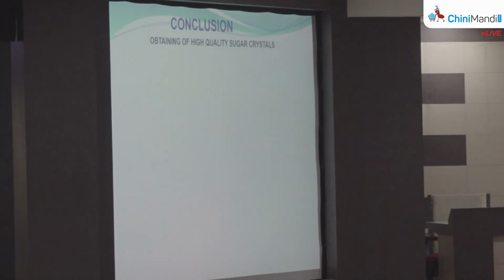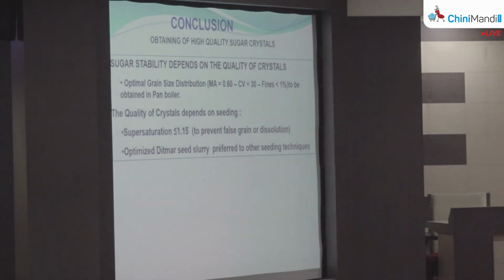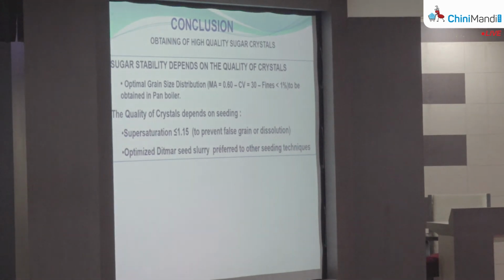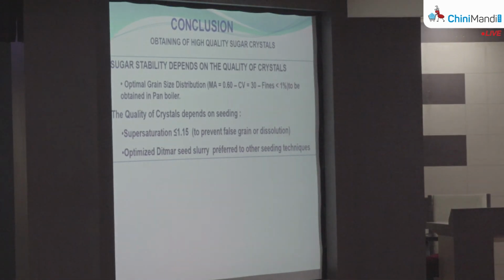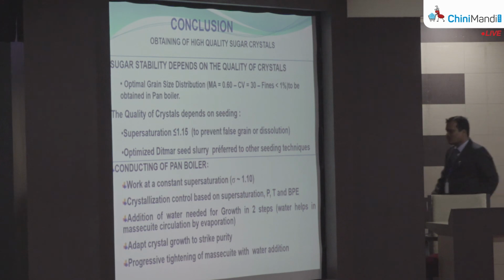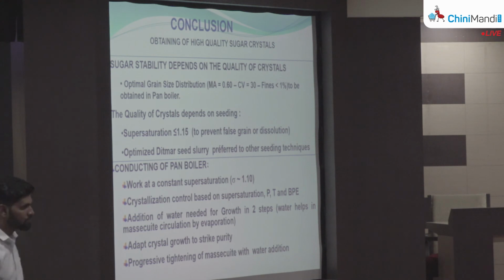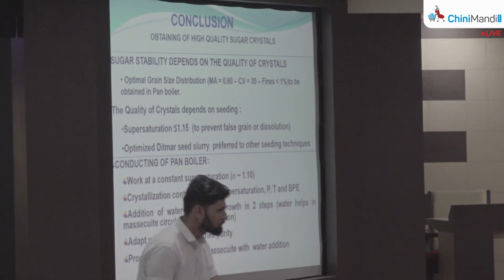So, to conclude, sugar stability depends on the quality of crystals. The quality of crystals depends on the supersaturation at which you introduce your slurry and proceed to growth. The conditions of the pan boiler are supersaturation concentrated and controlled by temperature and pressure boiling point.